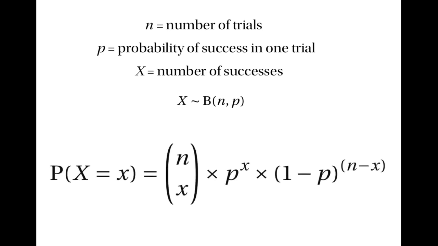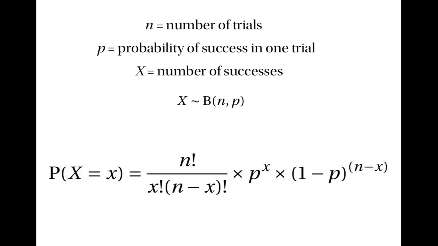What we've discovered is a formula for the probabilities. We can say that the probability that x trials out of n result in success is n choose x times p to the power of x times 1 minus p to the power of n minus x. And we can also write that like this.